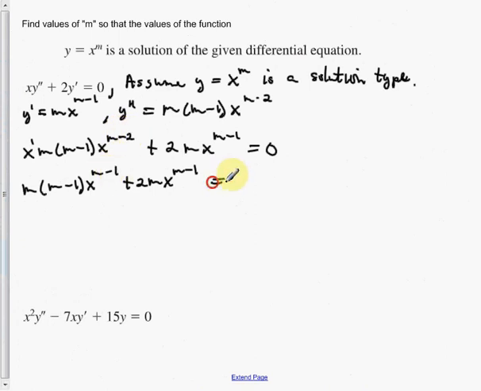That's equal to 0. Now the common term that I see is x to the m minus 1. So we factor out x to the m minus 1, and we have left m times m minus 1 plus 2m equal to 0.